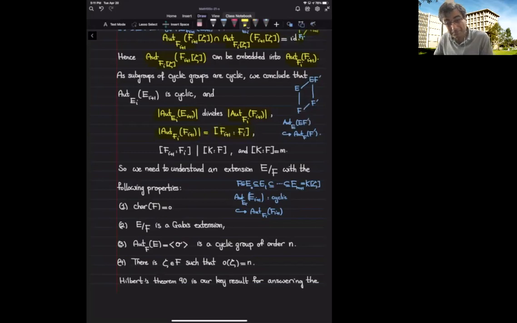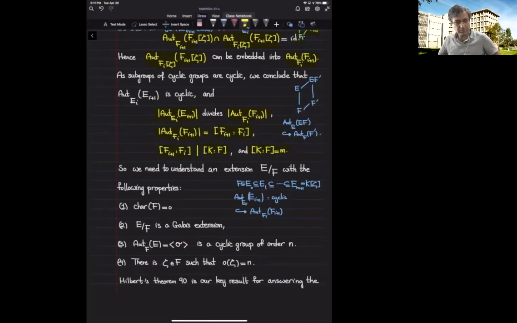And the degree of this field extension, because it's one of the blocks in this tower, divides the degree of the full tower, K over F. But the degree of K over F is M. So we deduce that the cardinality of the group of E sub I linear automorphisms of E sub I plus 1 divides M.